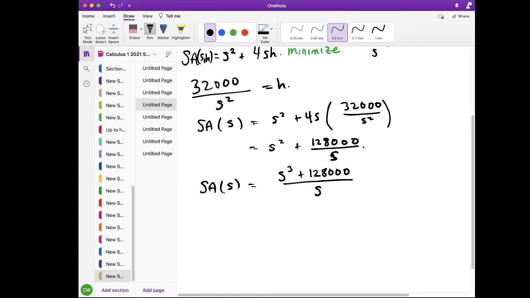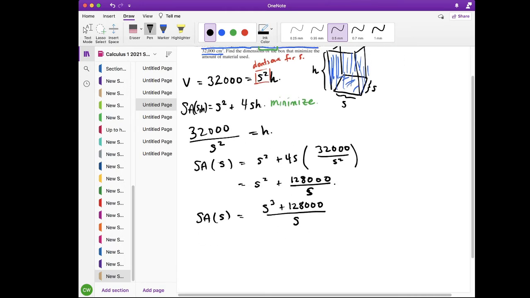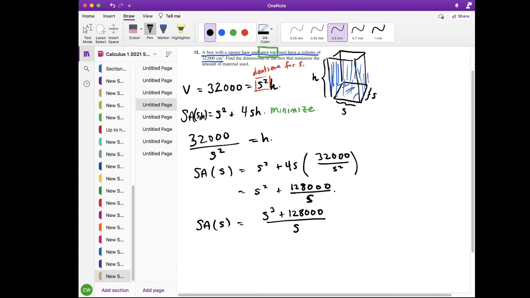All right. Is 128 a perfect cube? Anybody know? Can you cube root 128? No. Oh, S cubed.